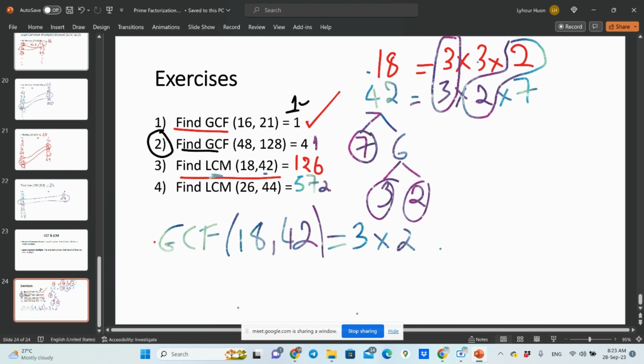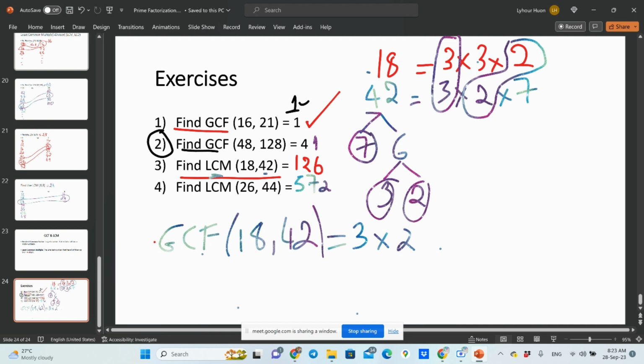We only choose the common factor. So just 3 and 2 are the common factors. The common factors that we get when we break into prime factors are what we take into the result of the GCF.